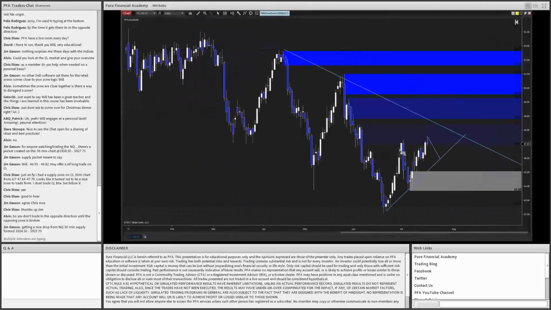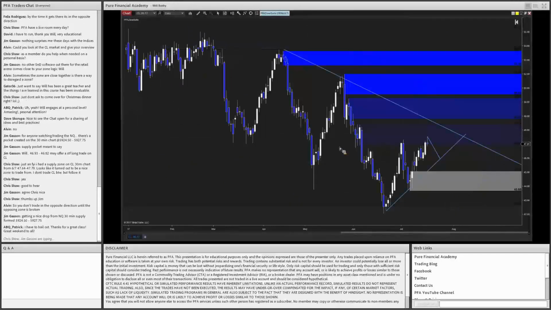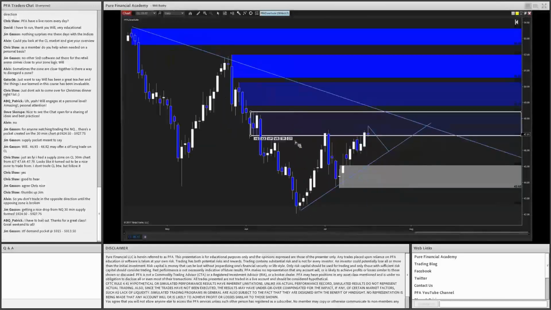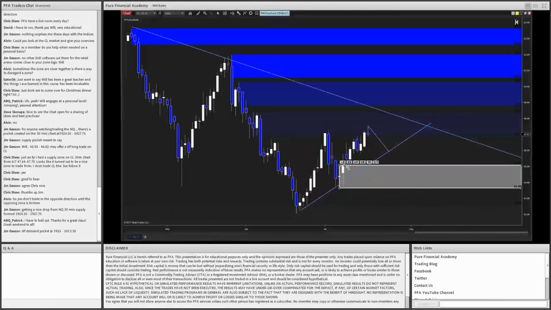I define the direction overall on my larger time frame. Let me backtrack. I actually define the direction and my supply and demand levels on the larger time frame. Absolutely. That's going to tell me when I should expect smaller time frame volatility.